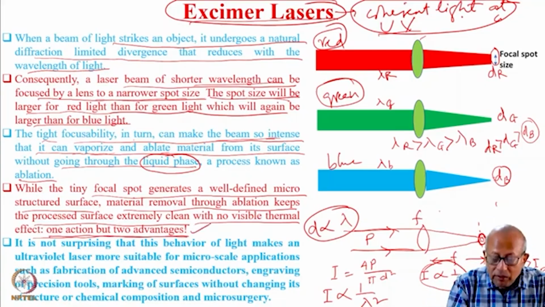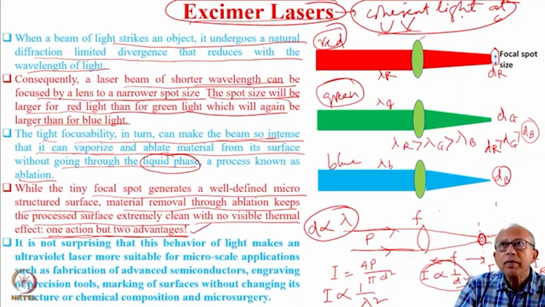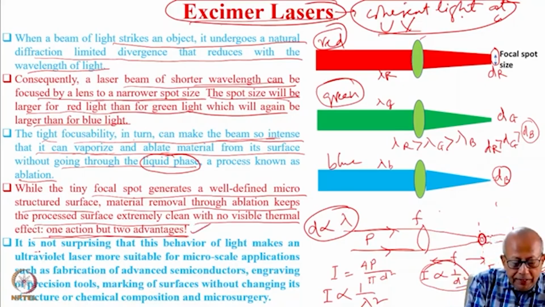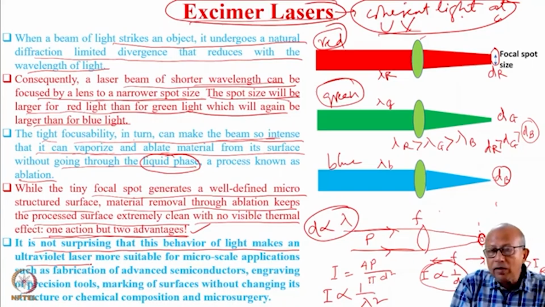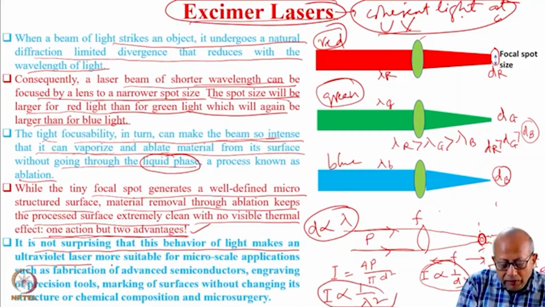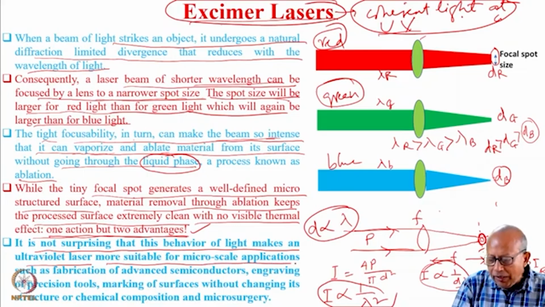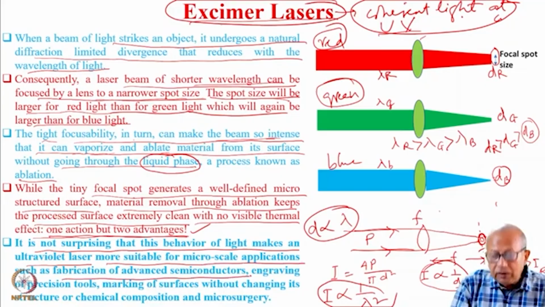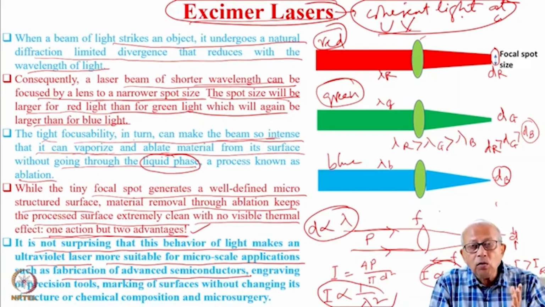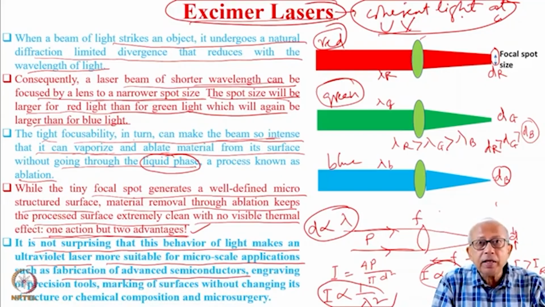This has very important applications. What are the applications? It is not surprising that this behavior of light makes an ultraviolet laser, one whose wavelength is very small, so that you can create very high intensity at the focal spot, more suitable for microscale applications such as fabrication of advanced semiconductors, that is nano chips, nano integrated circuits.